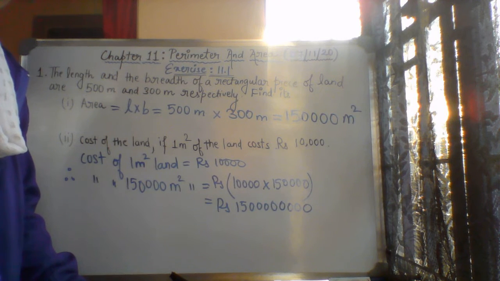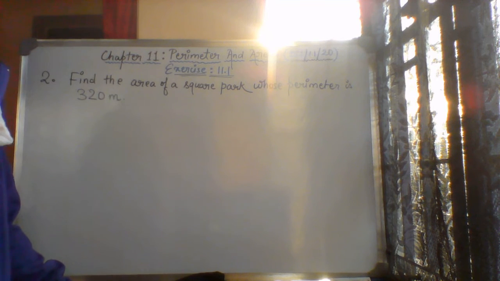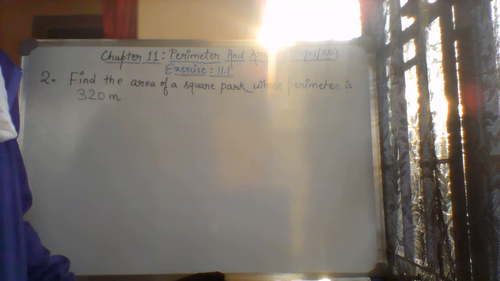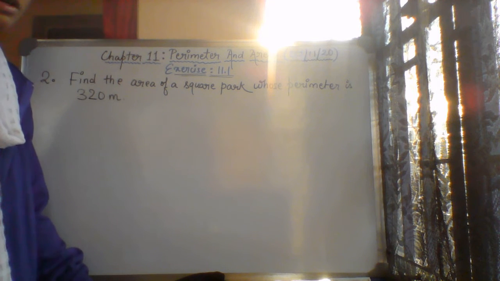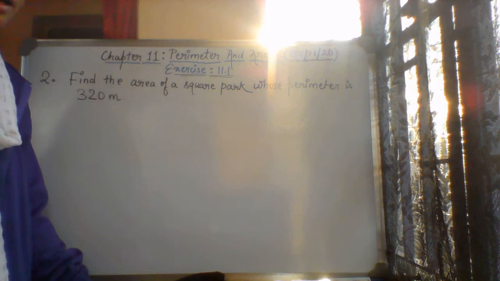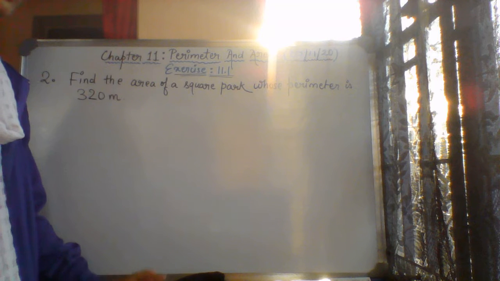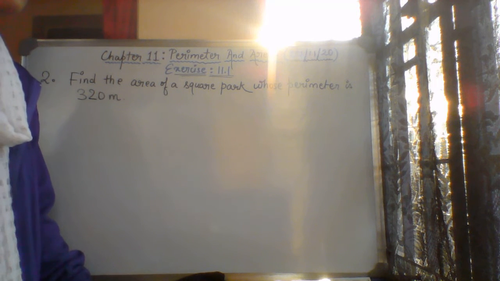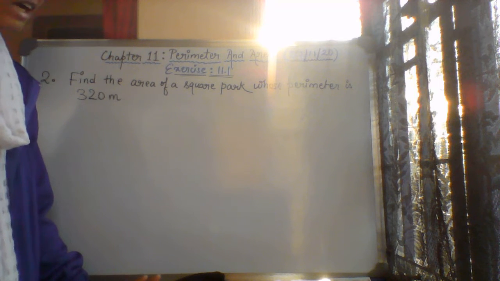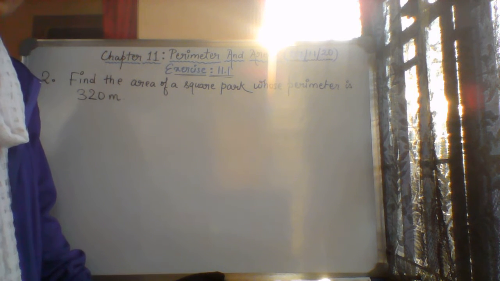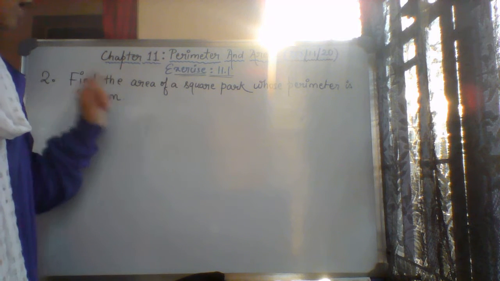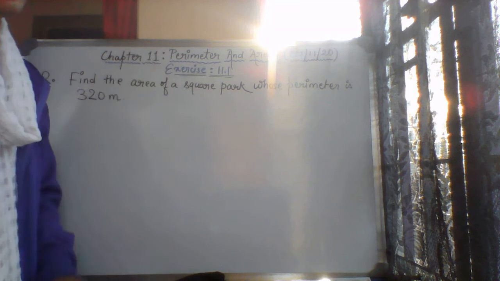Okay, now we are moving on to the next question, the second question. In the previous question you have seen how we applied the concept of perimeter and area for a rectangle in our daily life. Using that concept, we can calculate the area of any rectangular piece of land. So it is a practical use, and that is why we are reading the chapter perimeter and area.